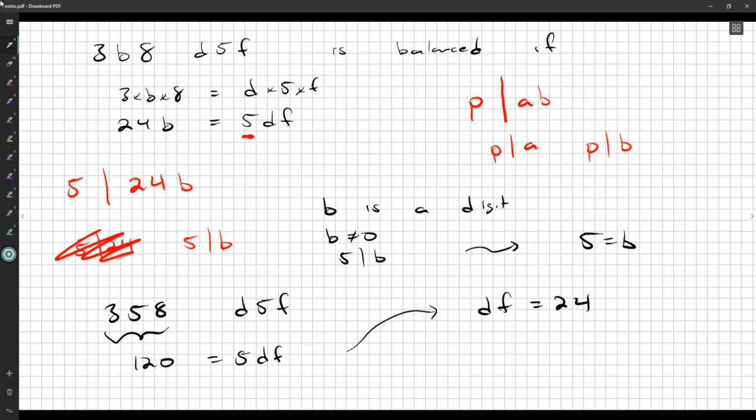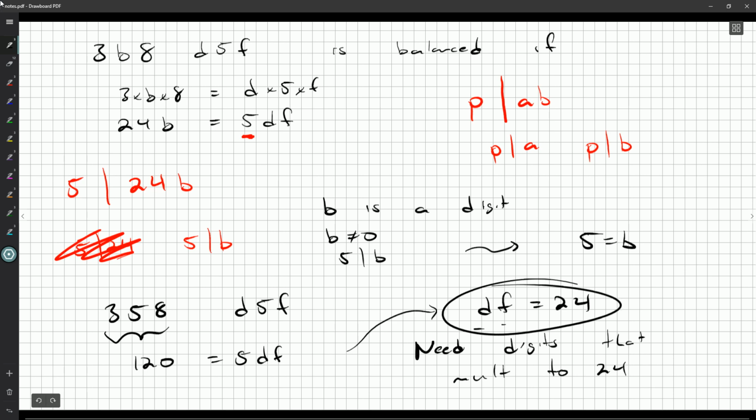And that's it. As long as d and f do that and we don't use any zeros, and of course you can't, because if d or f were 0, the product wouldn't be 24, it'd be 0. But as long as we do that, we're good to go. So we just need digits that multiply to 24. That's the conclusion we've drawn from here.